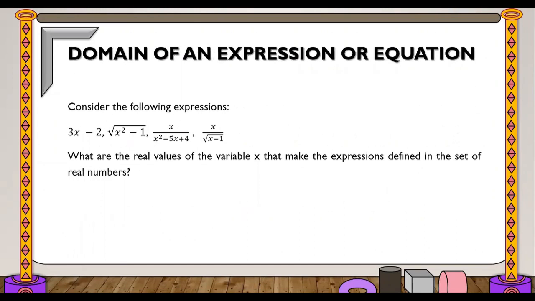Let's start with finding the domain of an equation or expression presented by the following. So we have the following expressions: 3x minus 2, the square root of x squared minus 1, x divided by the polynomial x squared minus 5x plus 4, and x divided by the square root of x minus 1.